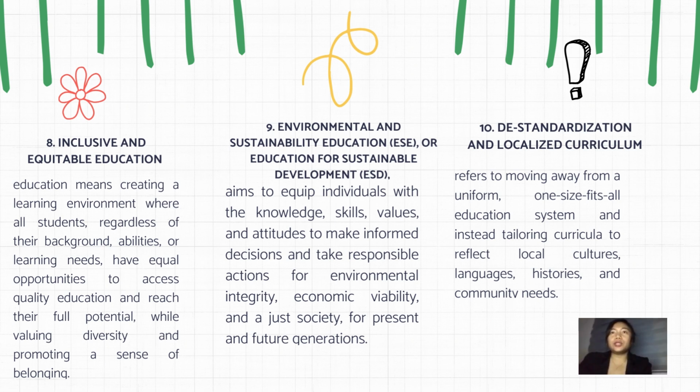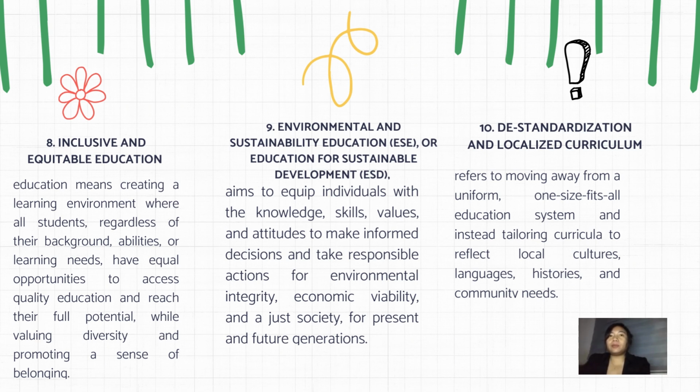Many countries are ensuring that education is accessible to all, including students with disabilities and marginalized groups. For example, Sweden provides personalized learning plans for students with special needs using assistive technologies like speech-to-text software.